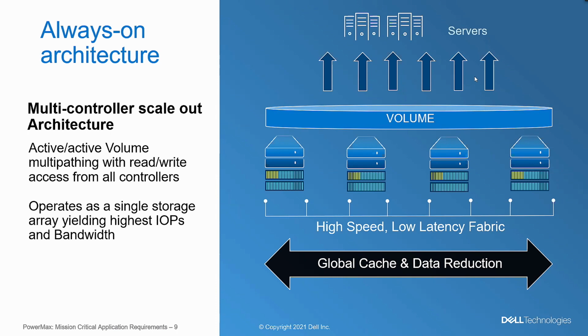Think ultimate high-end path redundancy. The other key component of this architecture is the fact that all of these controllers' assets operate as a single storage array, which allows us to yield the highest IOPS and bandwidth, along with the response time that Ray brought up a few seconds ago, right? These key components are what we aim at when we talk about always-on architecture. So think system resiliency and highest levels of performance and bandwidth.